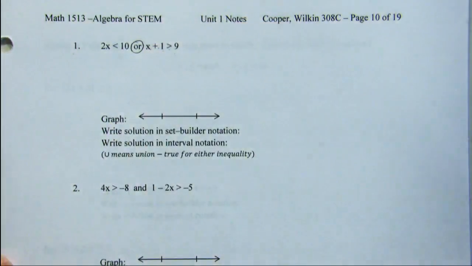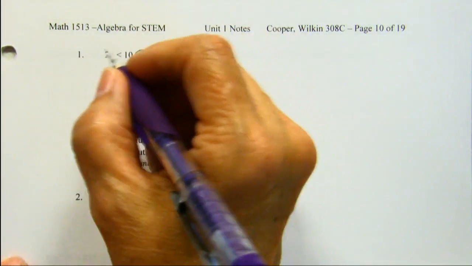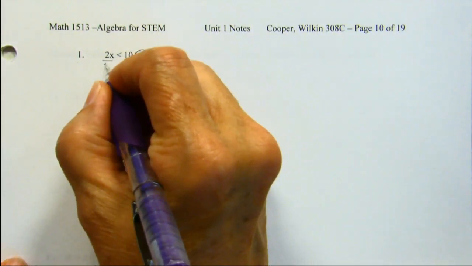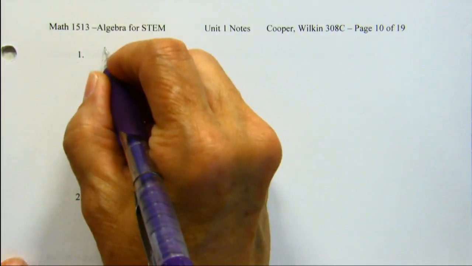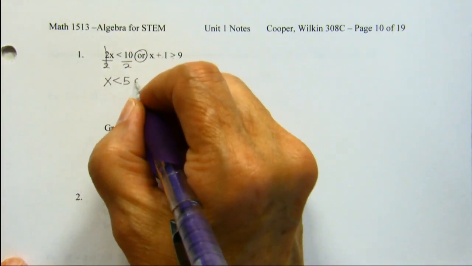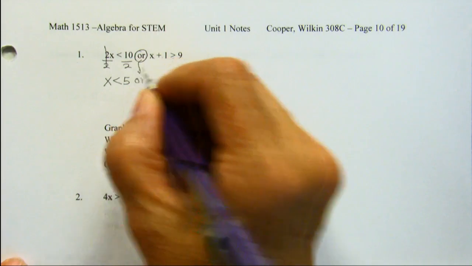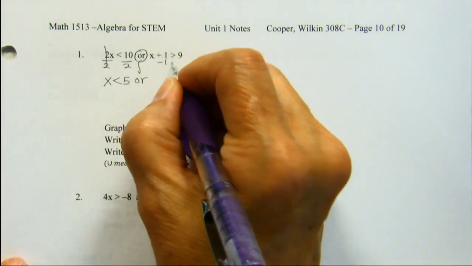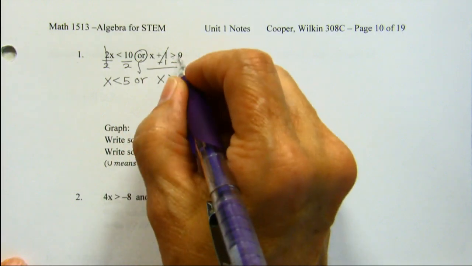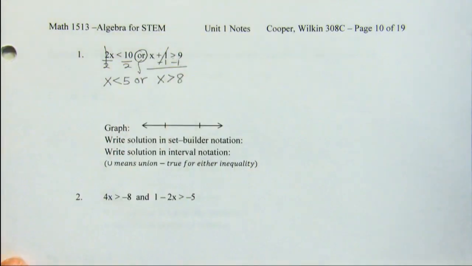So I have a disjunction. Solve each inequality separately. The first one I'll divide by 2 and I get x is less than 5, or subtract 1 on both sides and I get x is greater than 9 minus 1, which is 8.